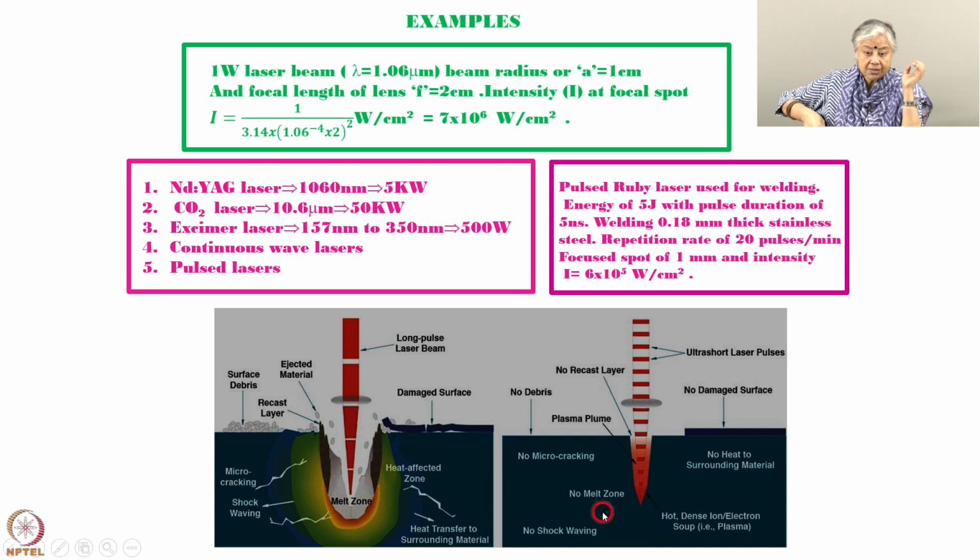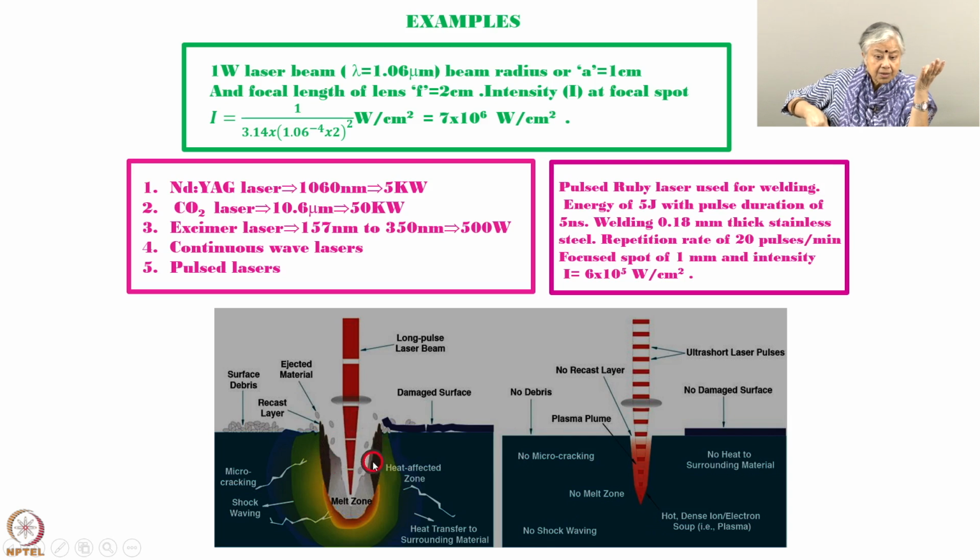Here you see in this, this is a lens and this is a laser. This is a long pulsed laser beam which is focused, and it's drilling a hole. Okay. Now what happens is, if it is a long pulsed laser beam and also the kind of wavelength that you have chosen, it will cut, but it will never be a clean cut.